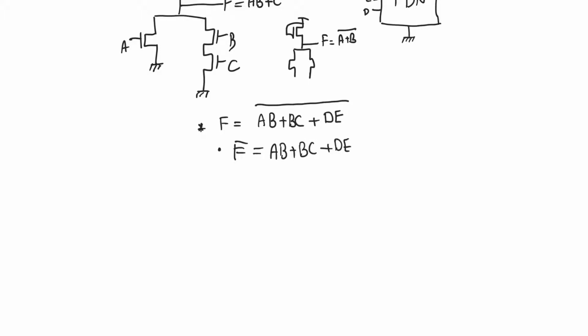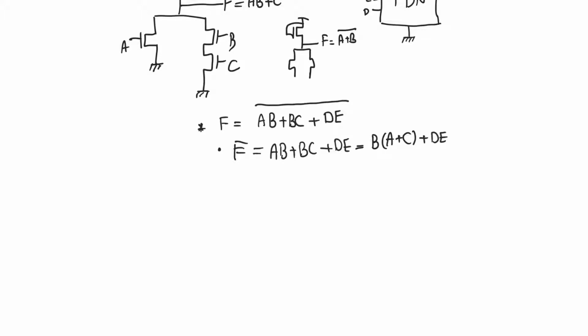Then, if there are any logic simplifications that can be done, they should be done. So in this case, for example, taking B as common in the first two terms is something we have to do because it will simply save on area. It will save us a transistor in the pull-down network.